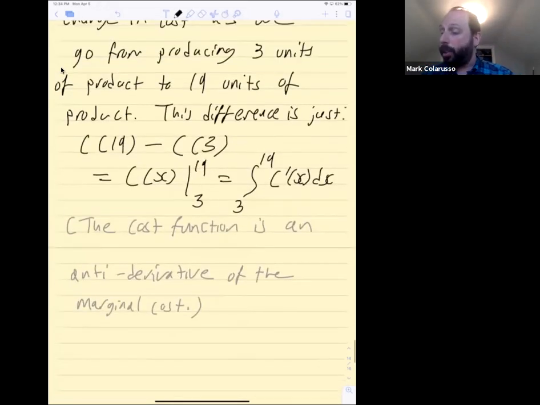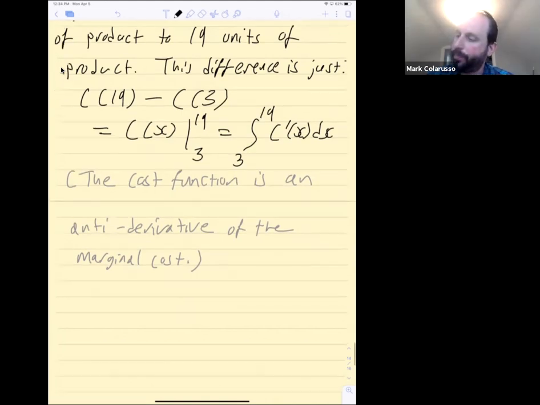So to compute this difference incurred in production, amping up production from 3 to 19 units, we can just compute the definite integral of the marginal cost.